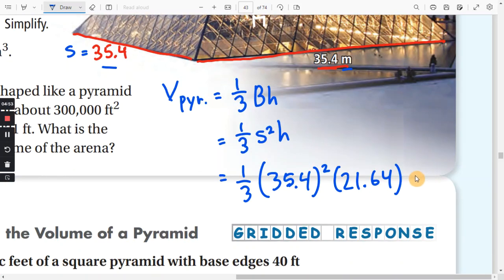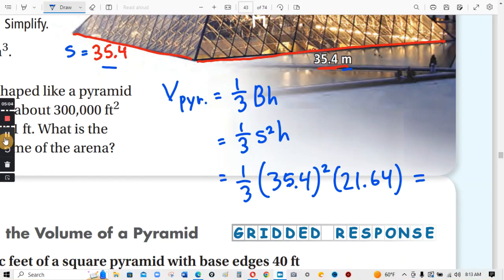And I'm going to do this on the calculator. If you know how to do fractions, you can do 1/3, or you can just multiply this out and divide by 3 at the end. So I am going to do 35.4 squared times 21.64, hit equals, and then divide by 3 at the end, and I get 9039.46.